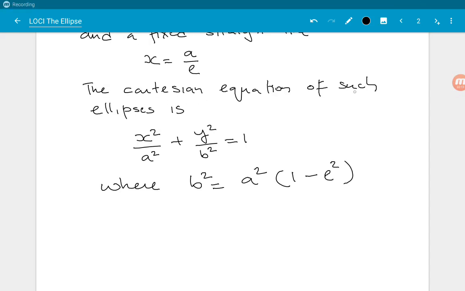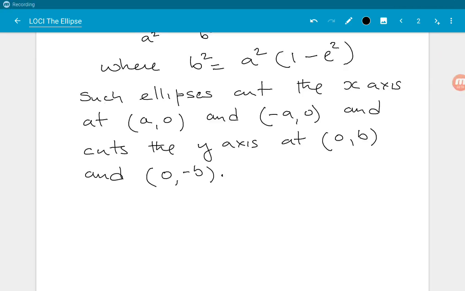The Cartesian equation of such ellipses is x squared over a squared plus y squared over b squared equals 1, where b squared is equal to a squared times (1 minus e squared). Such ellipses cut the x-axis at (a, 0) and (-a, 0), and cut the y-axis at (0, b) and (0, -b).